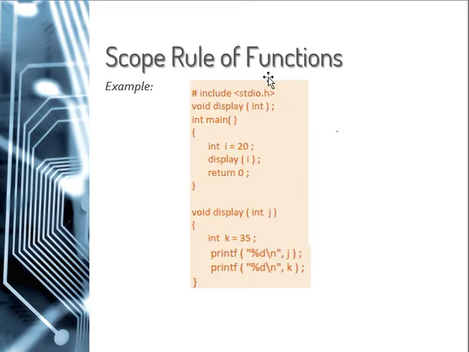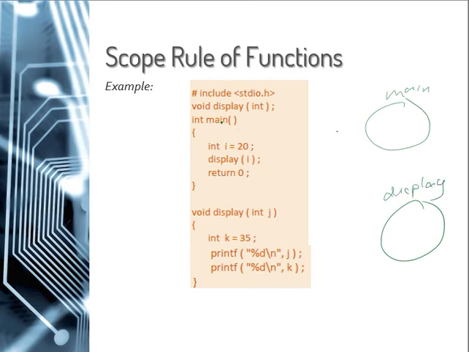Now, the scope rule of a function. Scope rule of a function means what is inside a block only exists there. So consider your function as a world, as a planet. So there is planet main and planet display.